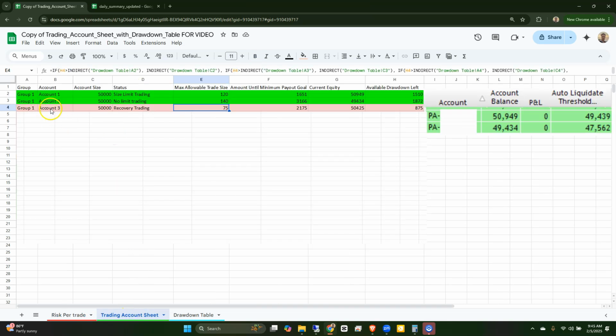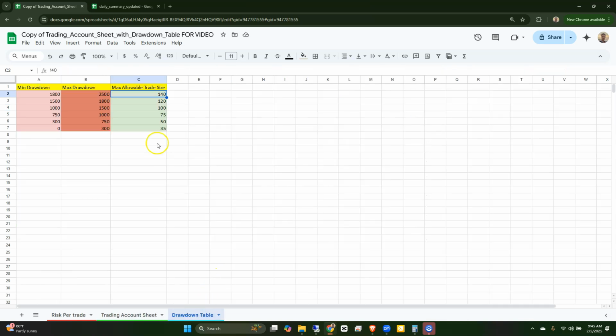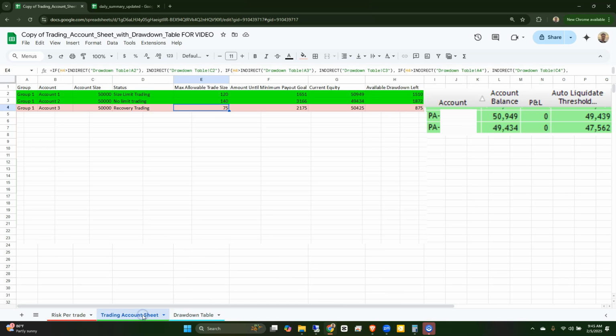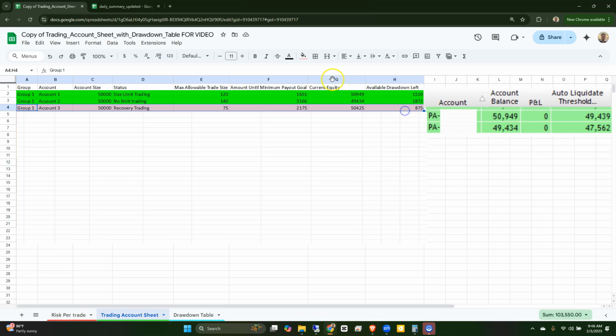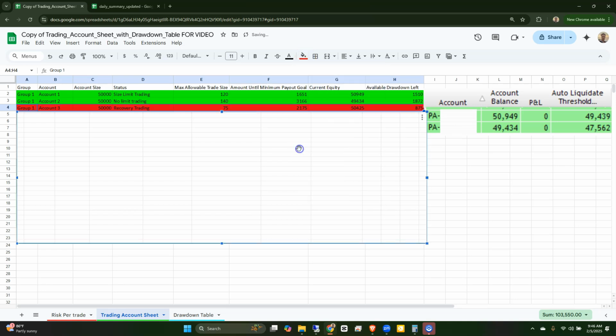So we are not allowed to trade account 3, because within this bracket of 875, between 750 and 1,000, the max allowable trade in between the $750 and the $1,000 available drawdown is only a $75 maximum trade. And we can see that it's $75 here, and we're not allowed to trade this account. So this account would be not tradable for the day. Let's make that deep red.